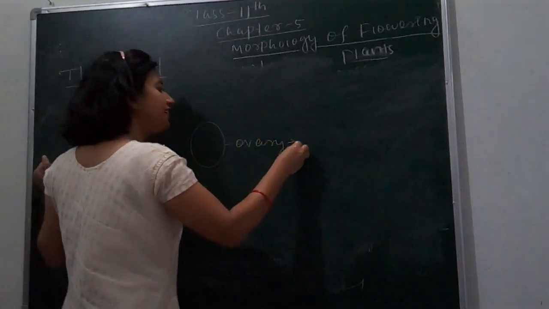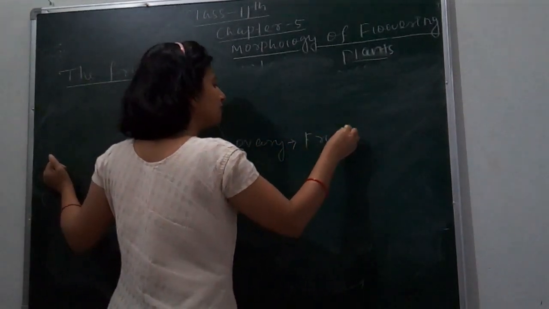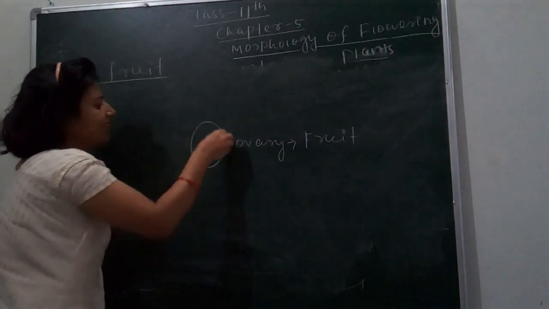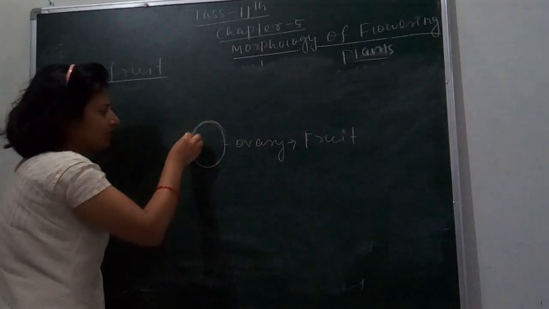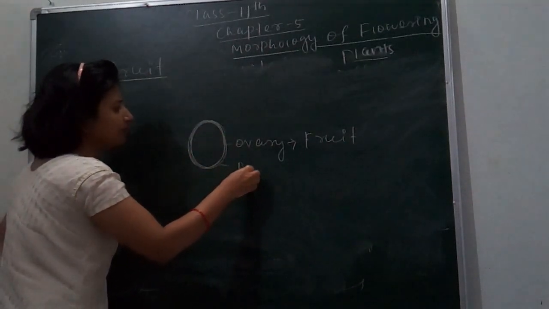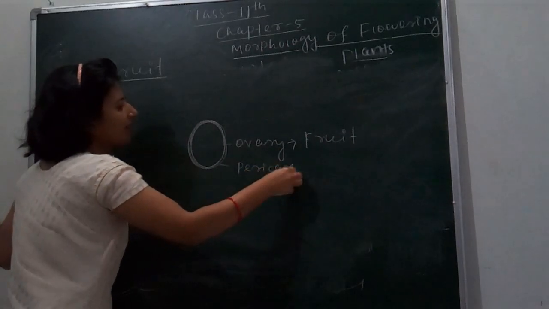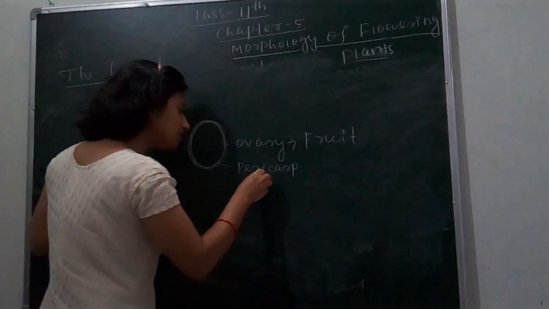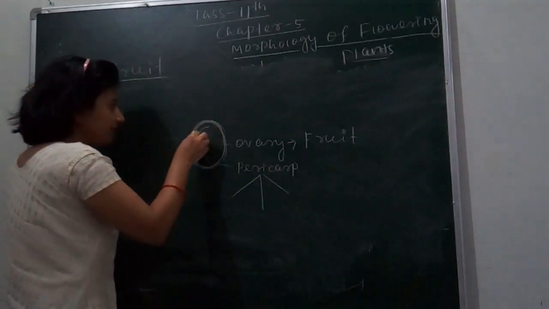Outside, the ovary may be covered by a layer which is called pericarp. Again, pericarp is divided into 3 parts. One is epicarp, the outer layer.